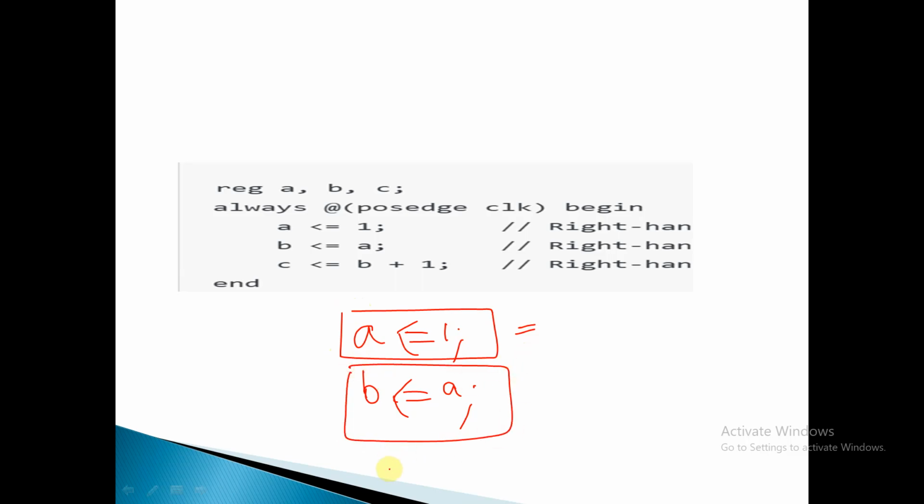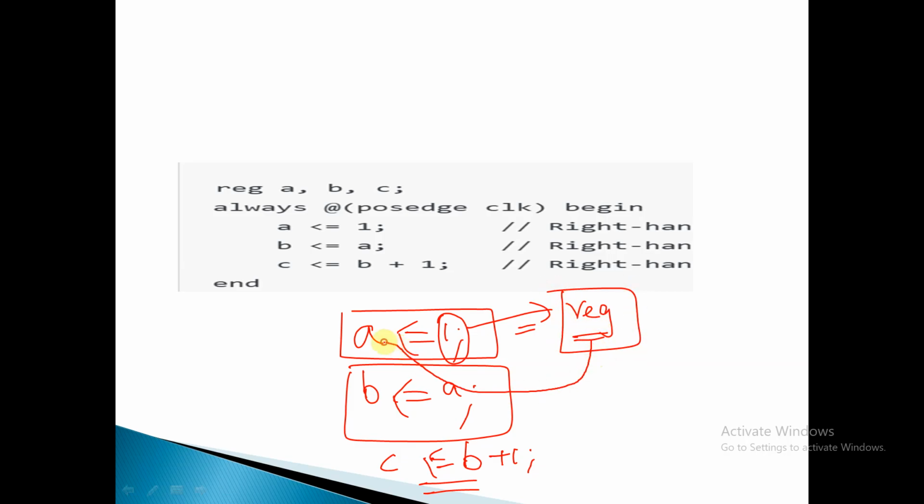That is, everything is going to happen parallelly. And one more thing what we have seen, the right hand side value is going to be stored inside a temporary register internally, and this value is going to update on the left hand side at the end of the current simulation time.